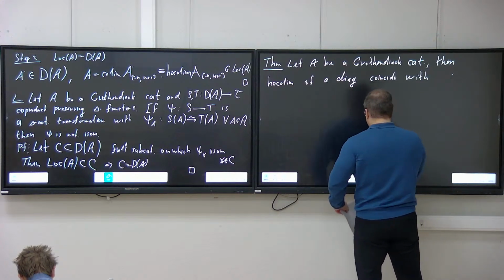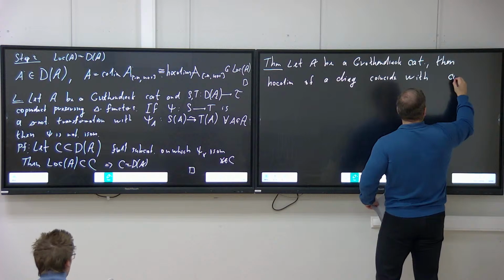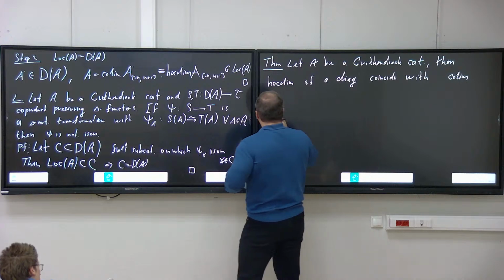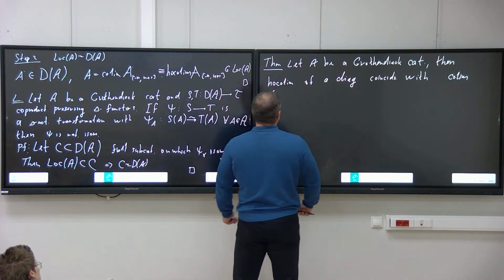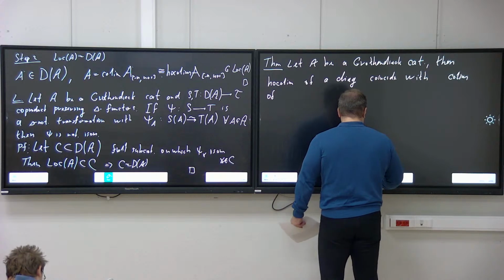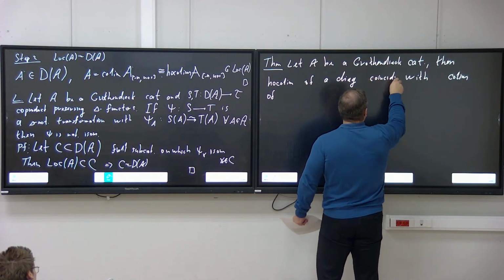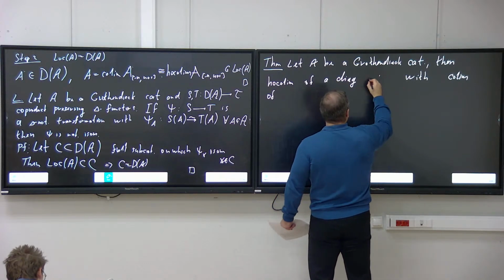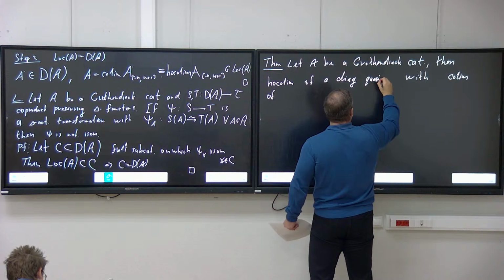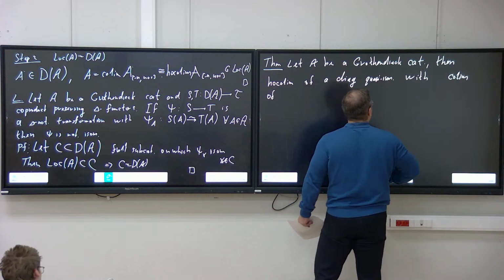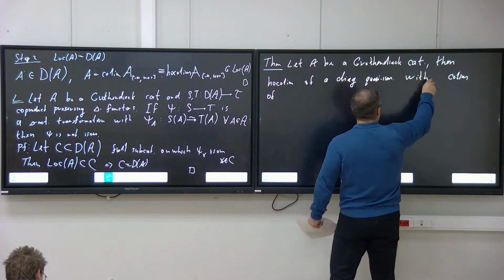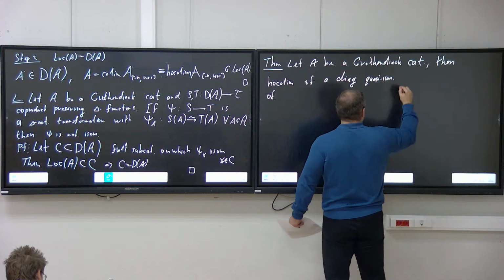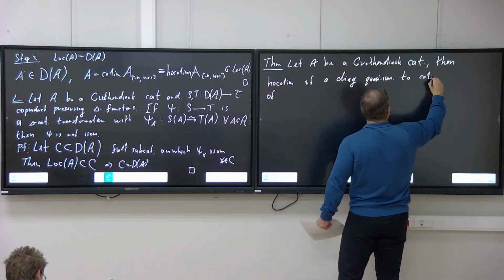Well, coincide means quasi-isomorphic, quasi-isomorphic to the colimit of the diagram.